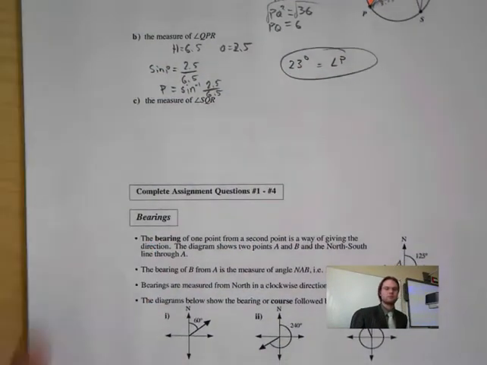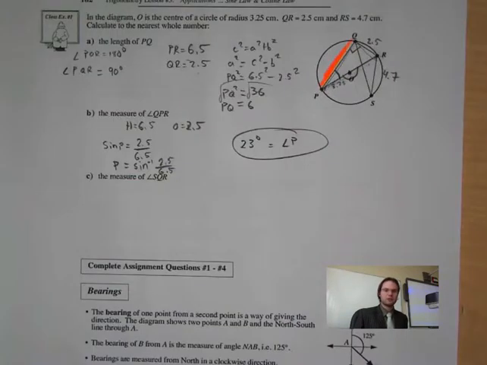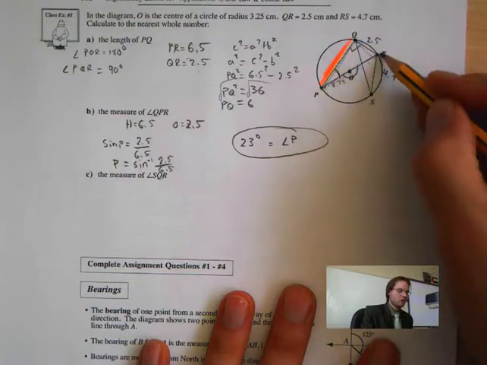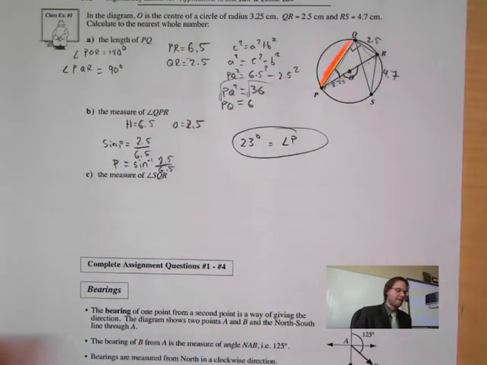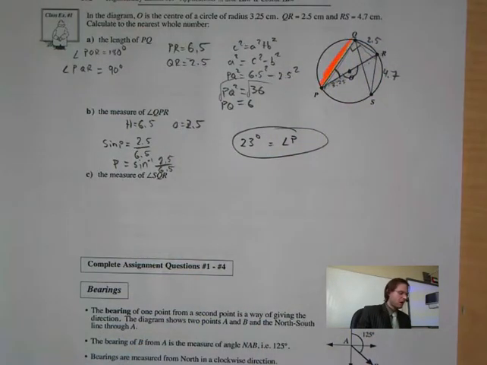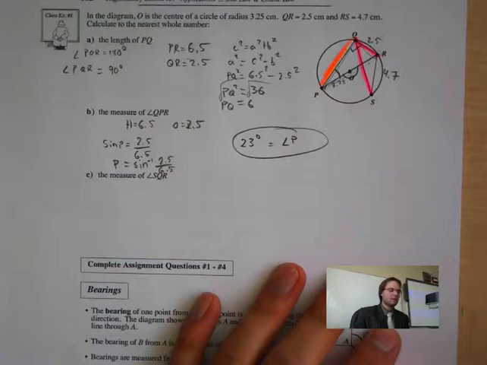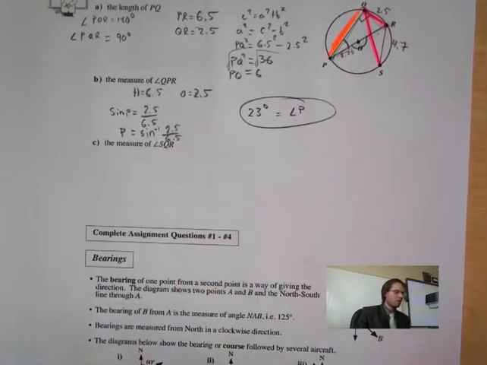All right, so we look back to our circle. We want SQR. So let's highlight that. I'm going to highlight this here right now in pink. Now, we have to look at what else is there that we know.